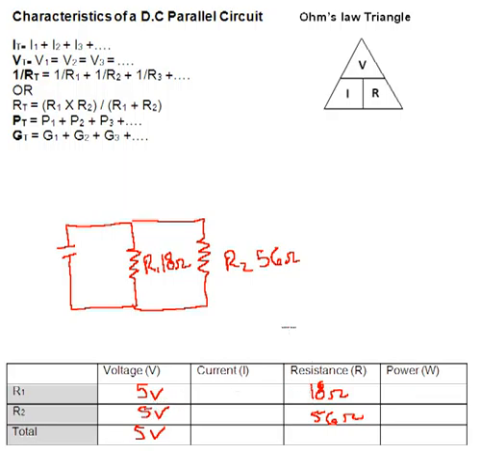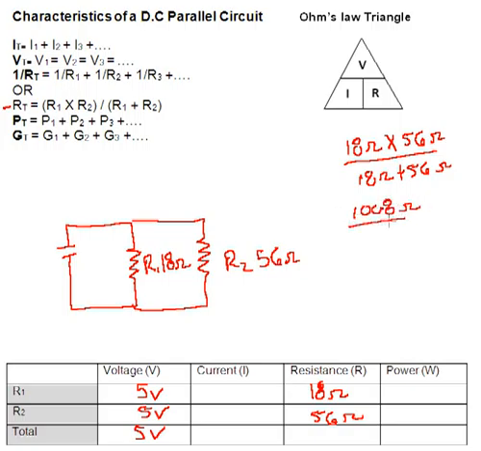We can find our total resistance using the product over the sum method, which is 18 ohms times 56 ohms divided by 18 ohms plus 56 ohms, which is 1008 ohms divided by 74 ohms, and that equals 13.62 ohms.